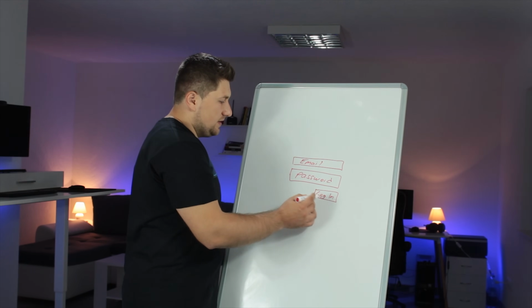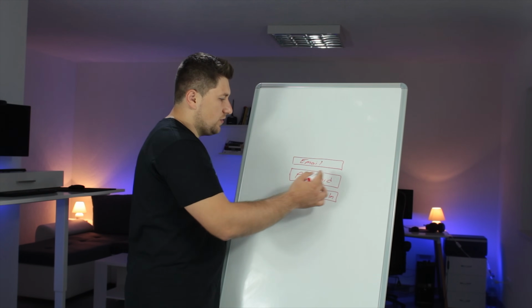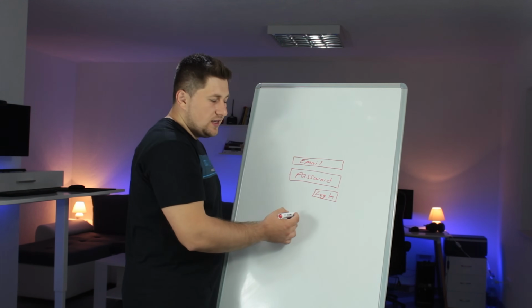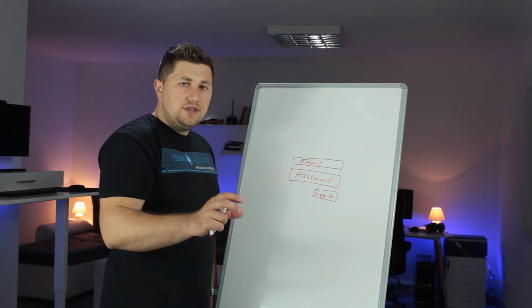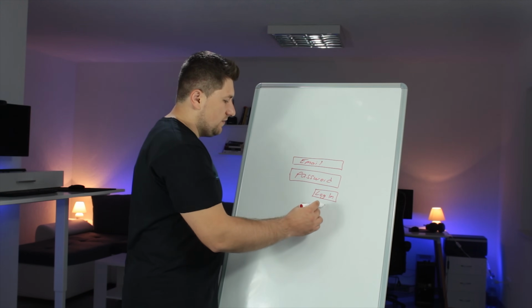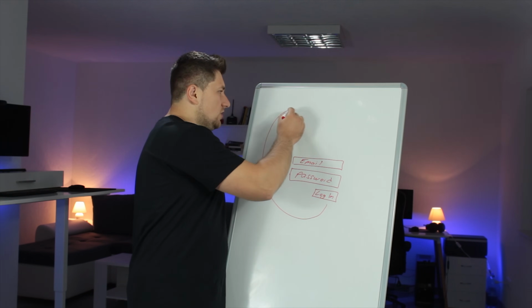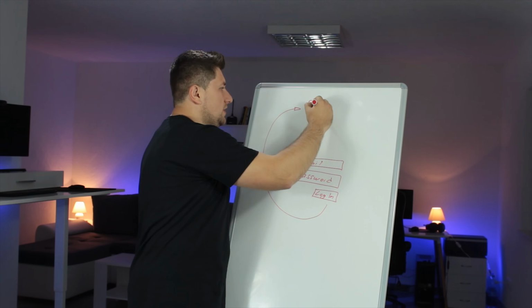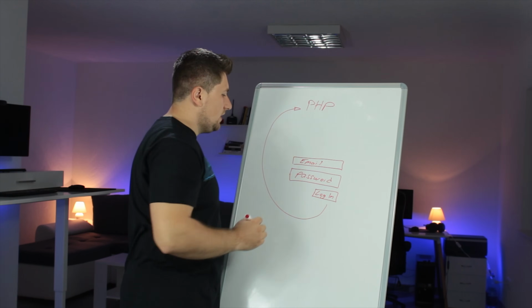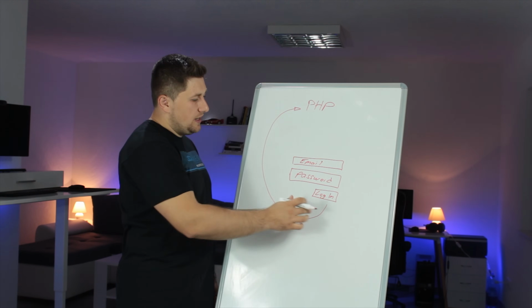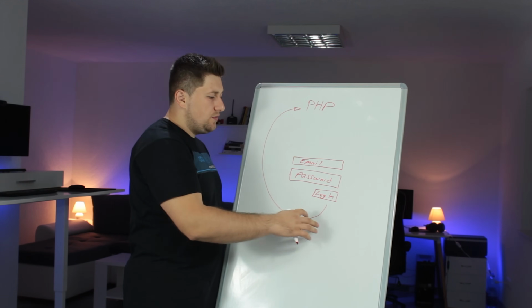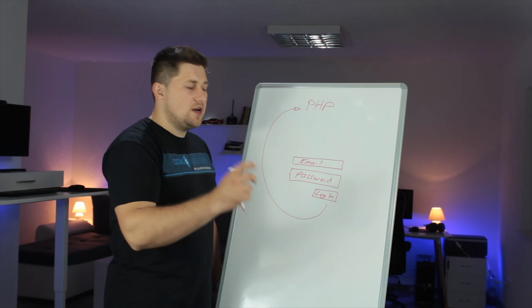click and use the data from these two inputs, email and password, validate, and if everything is okay, we will send the data to the PHP. Let's say here will be our PHP code. So jQuery and Ajax is basically the bridge between the client side and the server side.